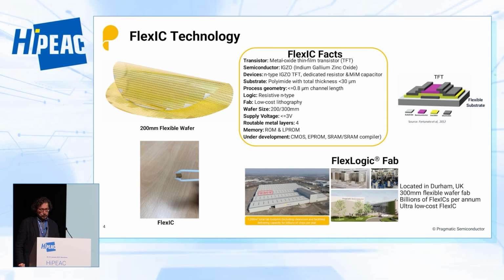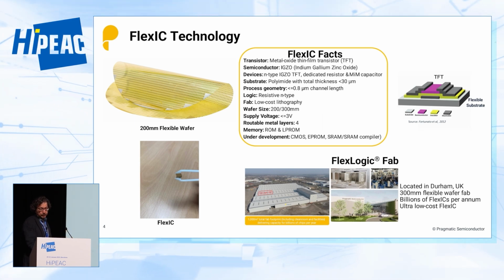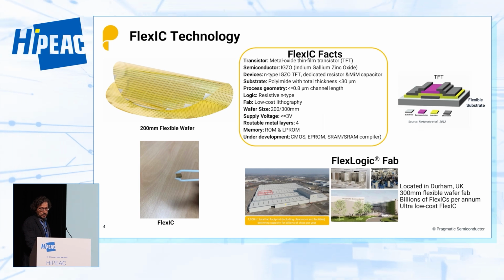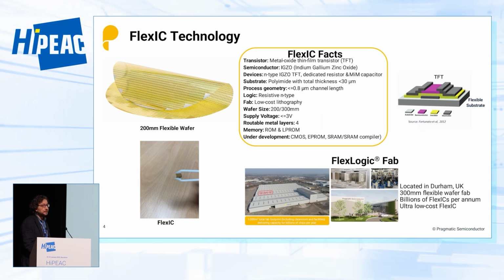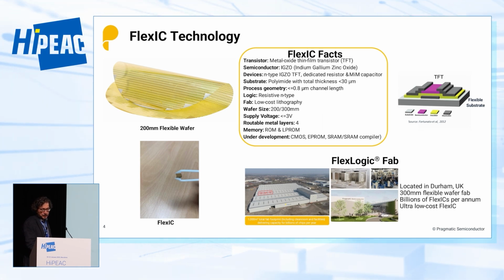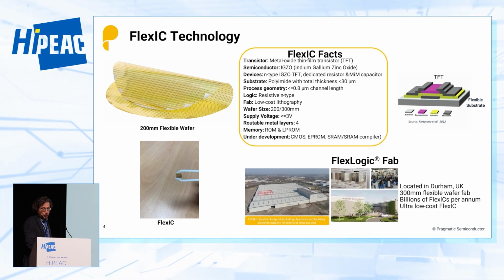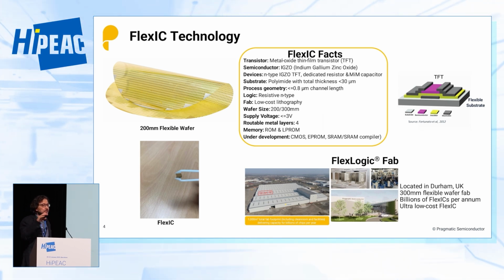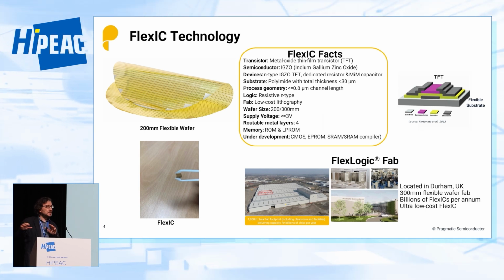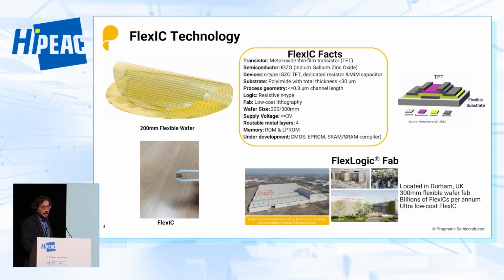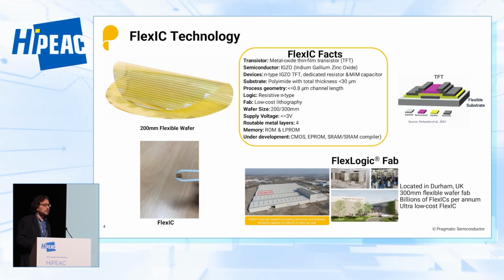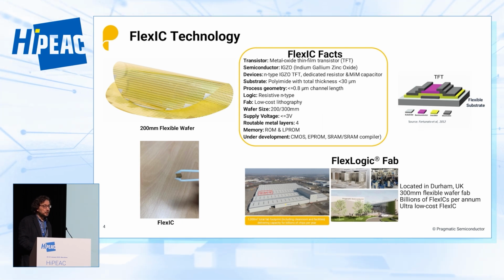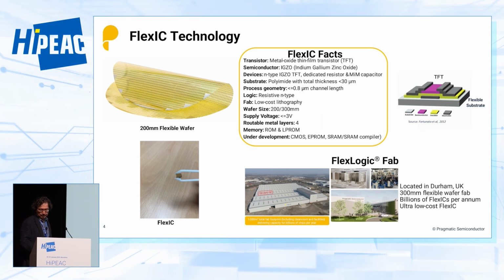In 2024, we opened our first 300 millimeter fab, which is located here. Actually, it's a huge warehouse. One of the fabs is here in red, but we will populate the entire warehouse with different fabs over the years. This is also the first 300 millimeter semiconductor fab in the UK.